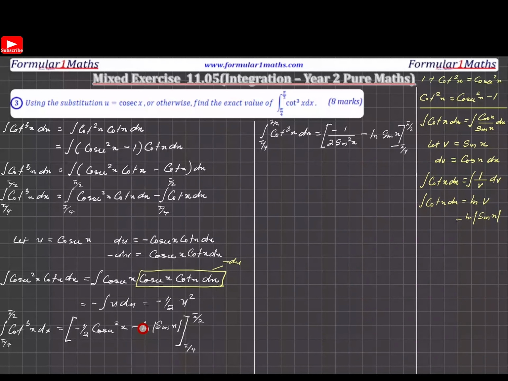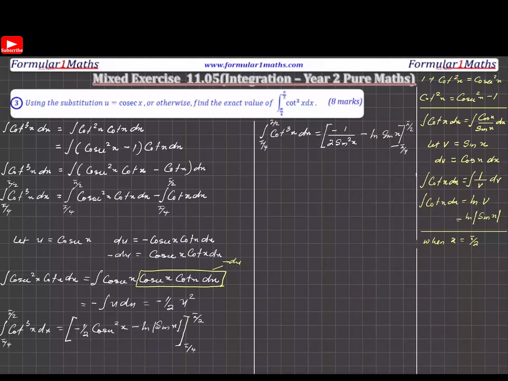Now it's time for us to do our substitution to evaluate the integral. We're going to do that step by step, putting in first pi over 2 and then pi on 4. So let's get the values when x is pi over 2. When x is equal to pi on 2, then I'll have sine pi on 2, which is 1, and 1 squared is 1.